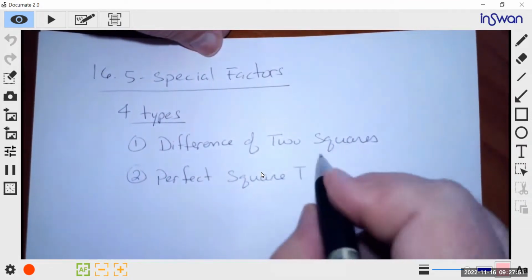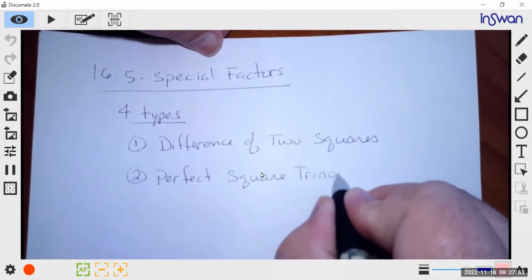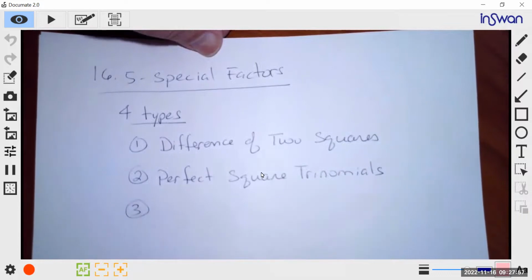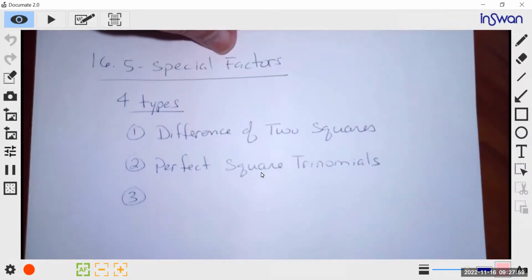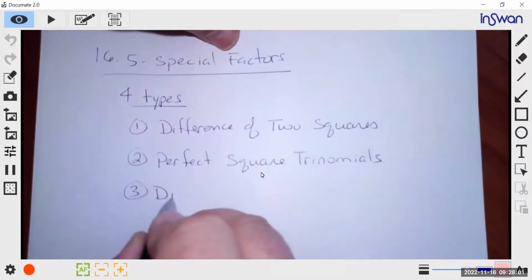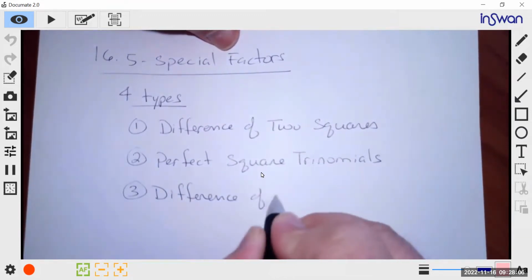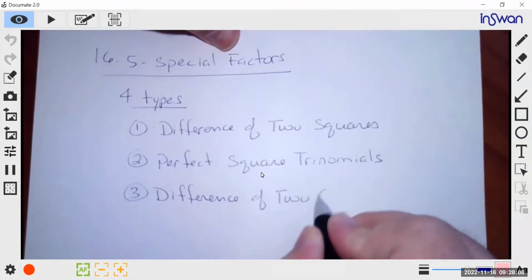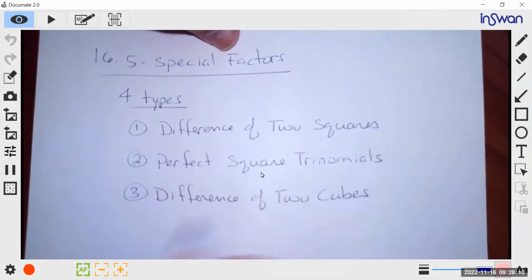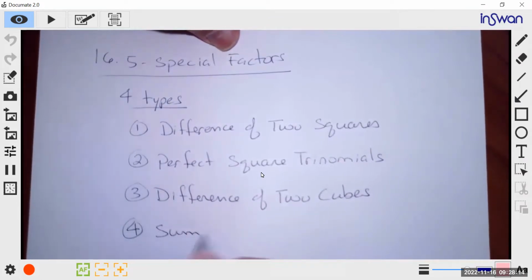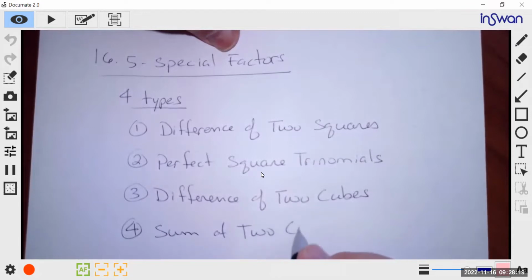Perfect square trinomials. Difference of 2 cubes. And sum of 2 cubes.